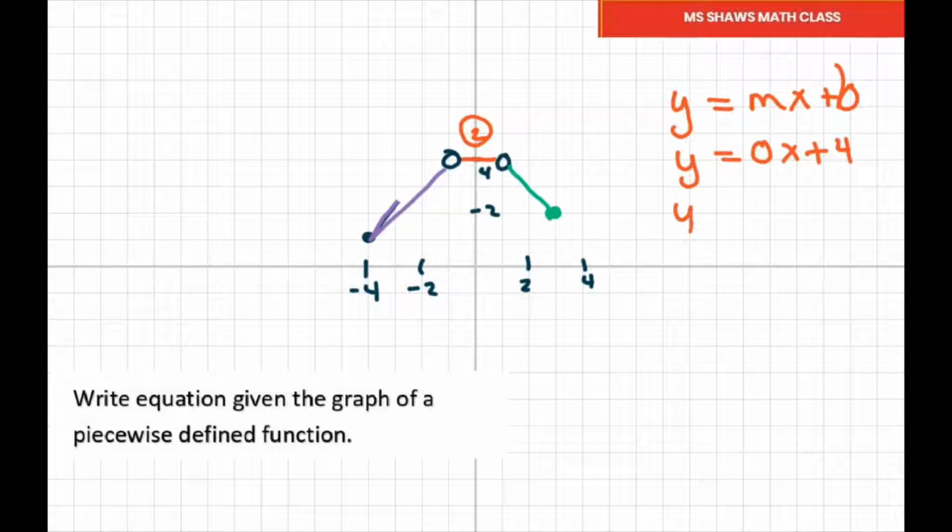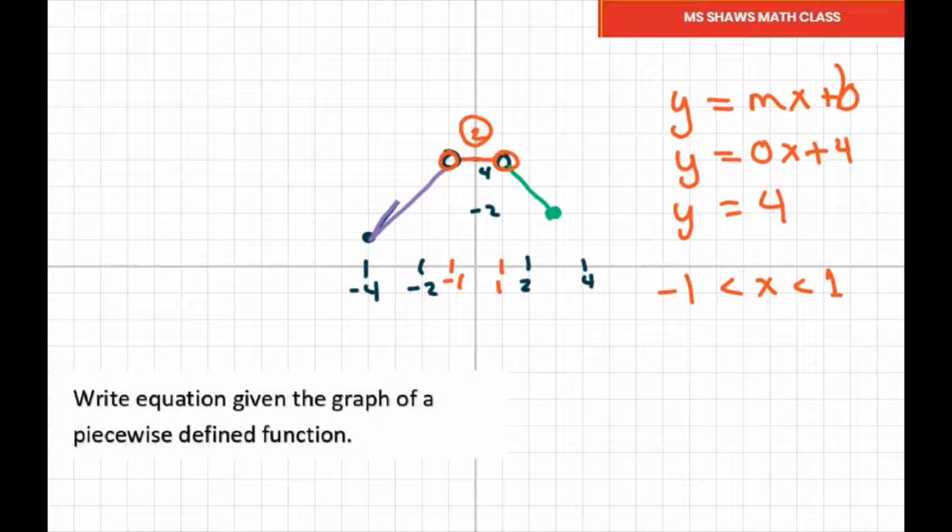So basically it's y equals 4. And it's y equals 4 between negative 1 and 1. So we go negative 1 is less than x is less than 1. And this would be an open interval, so it's not equal to it.